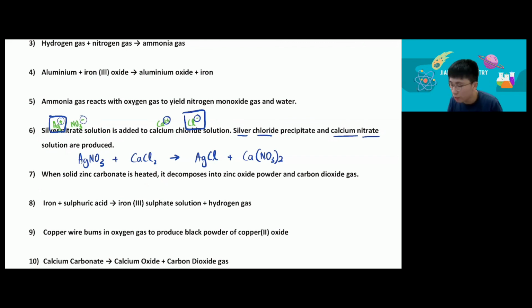Then try to balance the equation. I have Ag, and then at the back also 1 Ag. So 1 Ag, 1 Ag, settle. Okay, then I have 1 N. But at the back, you see it's N bracket 2, which is 1 times 2. So if it's 1 times 2, here only got 1. I will times the 2 for my AgNO3. Okay, now I have 2N, I have 2N.